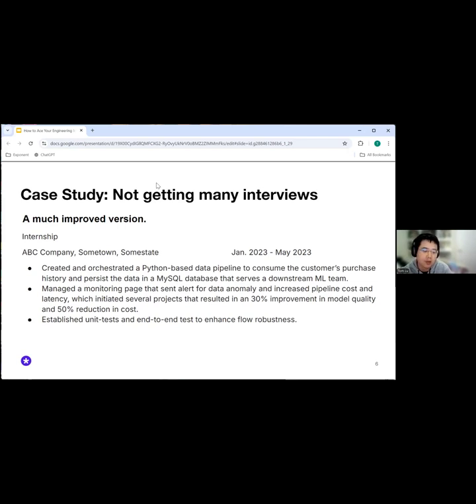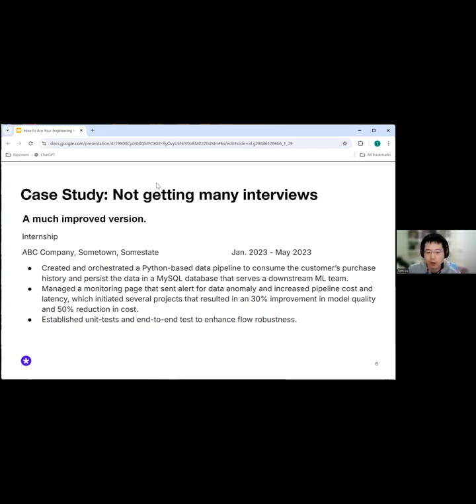So those technology terms help you pass the initial screening. So please be sure to include those technologies. Be sure to include the project names in your resume so you have a better chance to pass the initial screening.